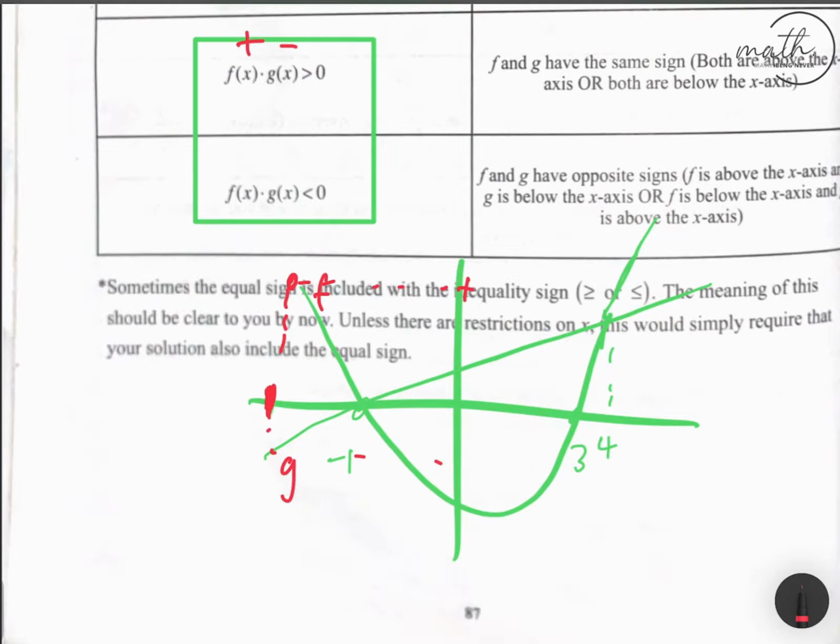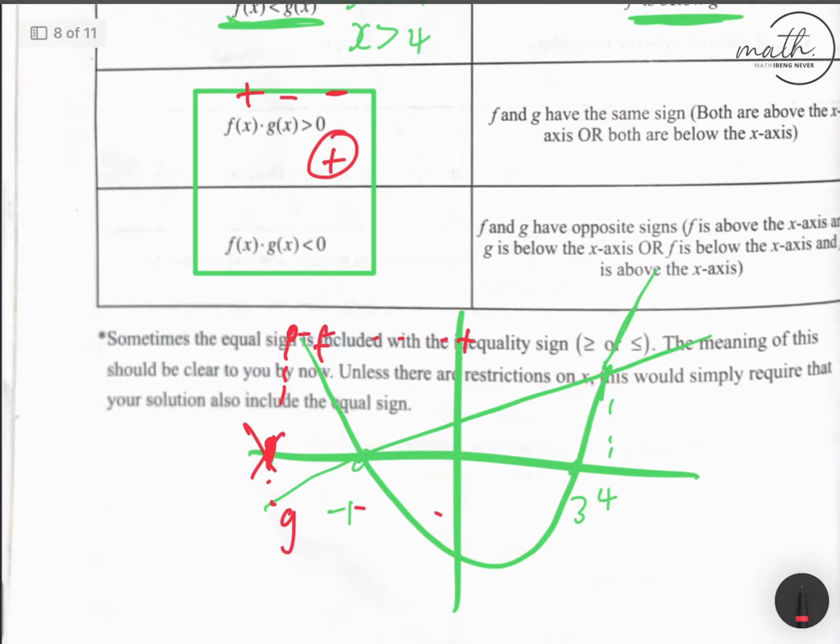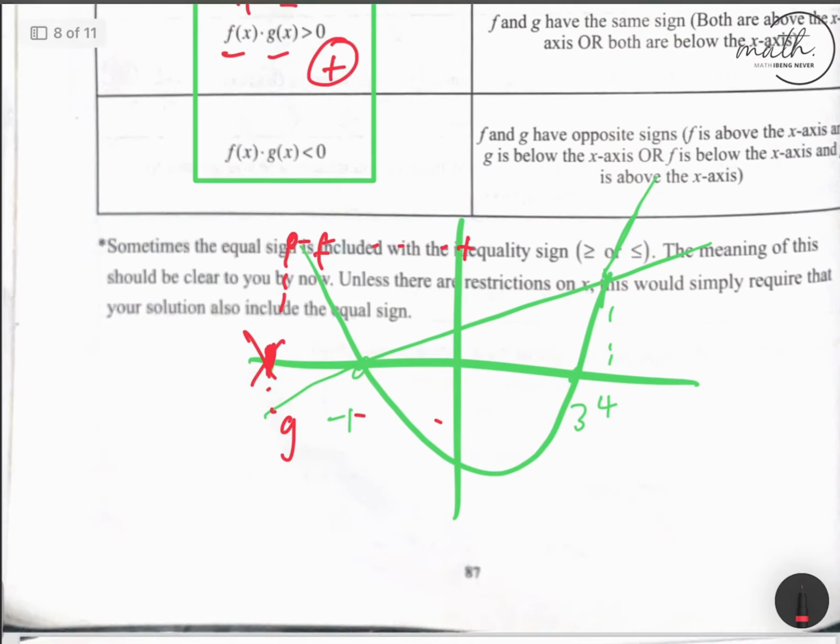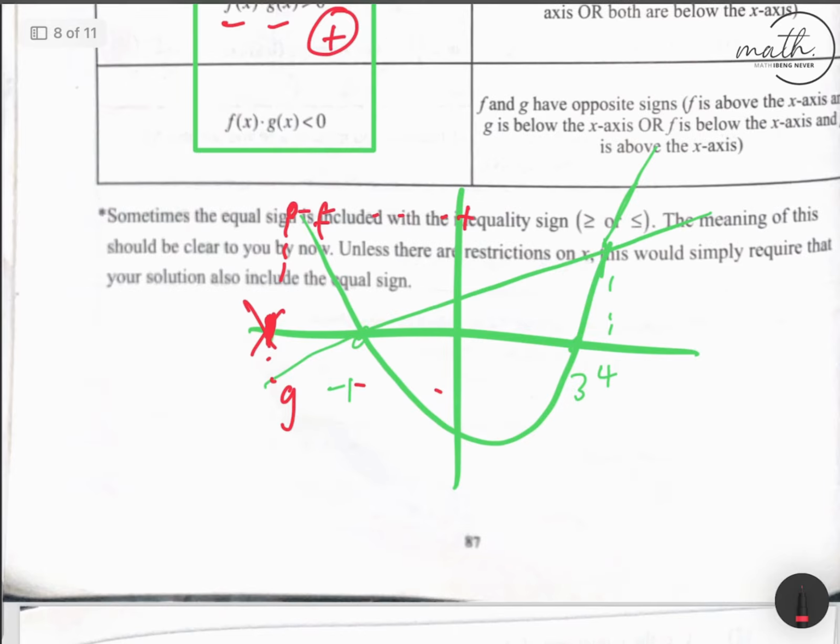This one doesn't work when you're here, because positive times negative is going to be negative. We want positive. That means both signs are either positive or both negative. So let's check those regions. Here it's negative, here it's positive. Positive, negative, 0, 0. Here it's positive, negative, so it still doesn't work here.